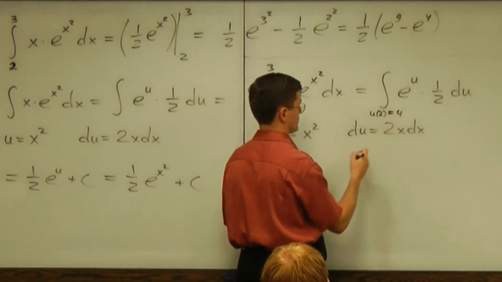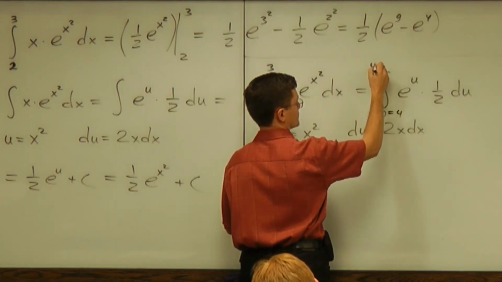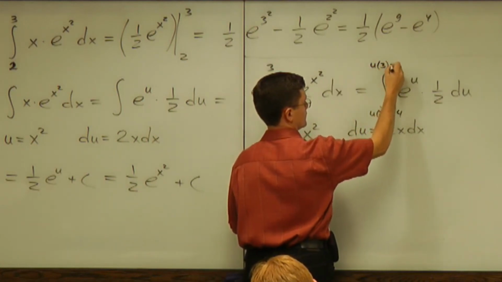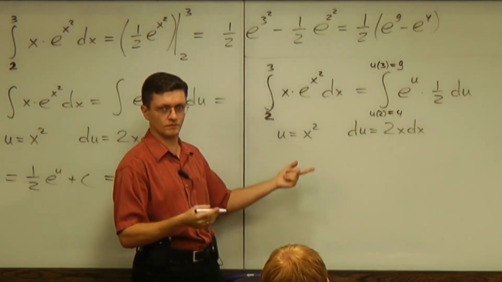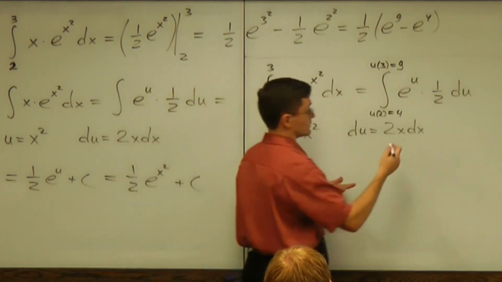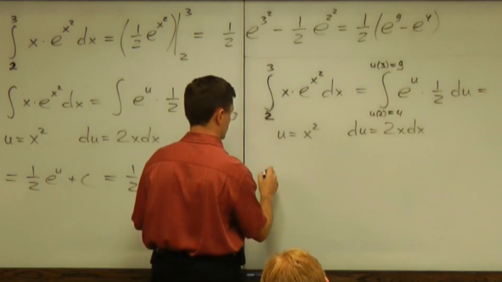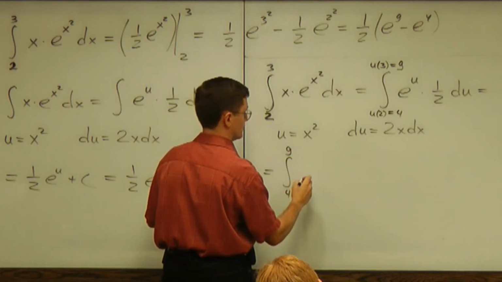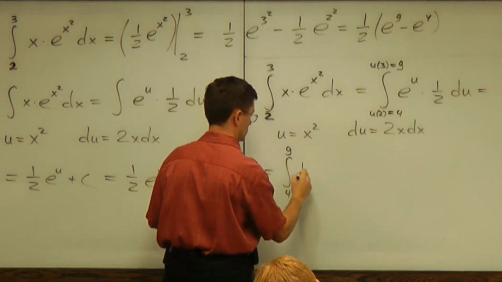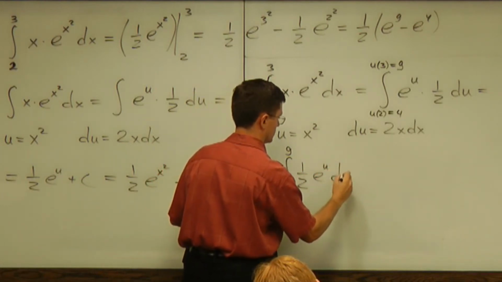And that happens to be 4. For the upper limit, you put u of 3, and you compute it using this substitution formula. And I end up with a definite integral from 4 to 9 of a half of e to the u du.